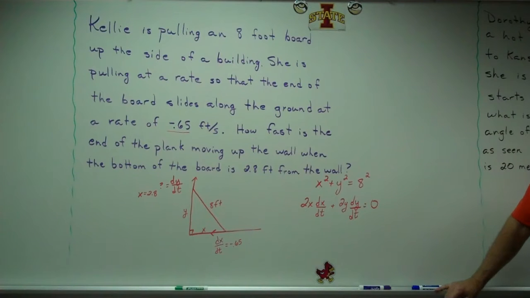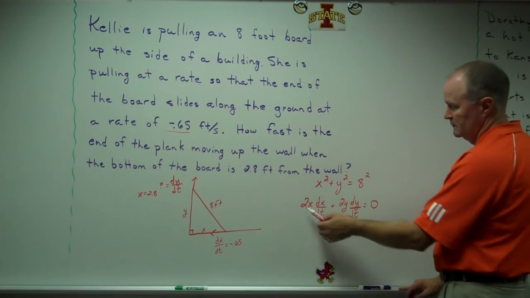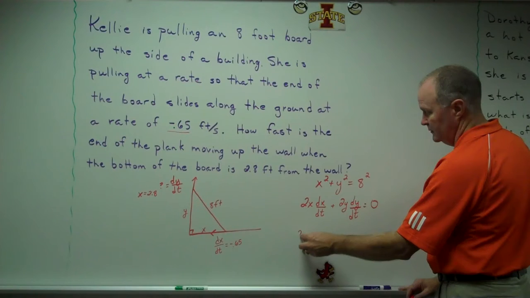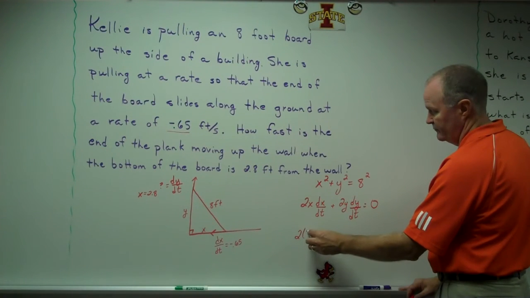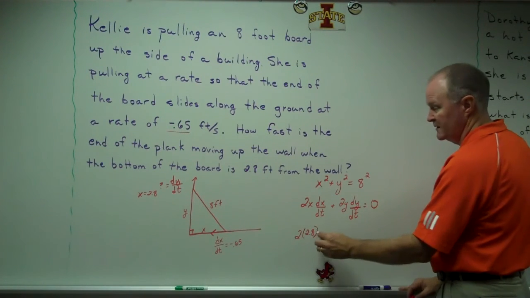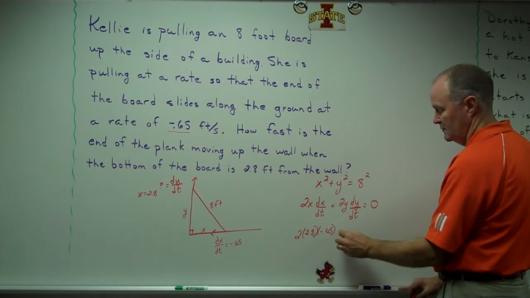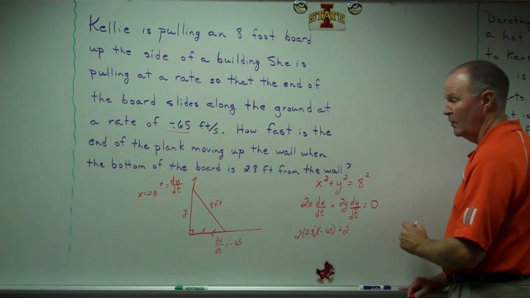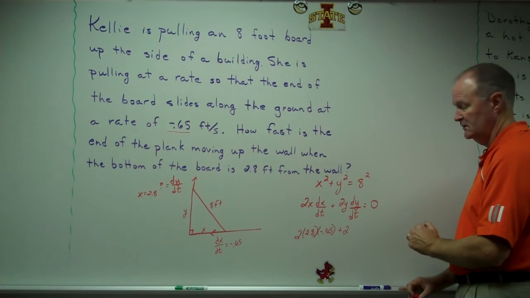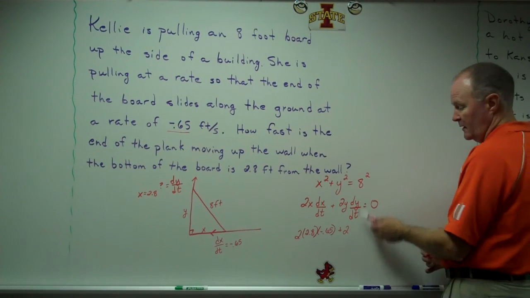Well, let's fill in the blanks and see what we can do. 2 is 2. X is 2.8. dx dt is negative 0.65. Y, go back to your original.